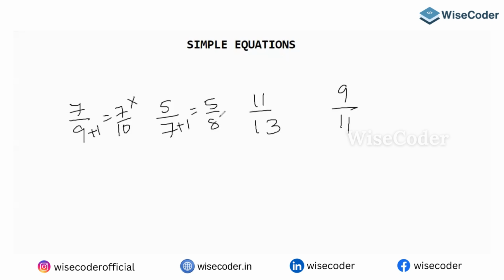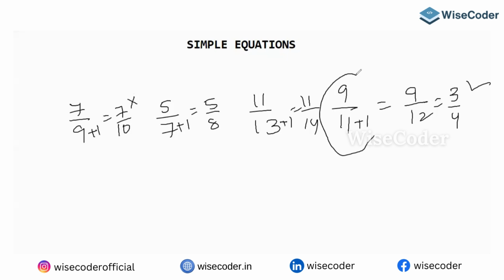Further calculation, will it become 3/4? No, not happening. I am not doing 11 by 14 because it's not going to be divisible. But look here, 9 by 12, that will give you 3 by 4. So which option? The last option. The answer is 9 by 11.